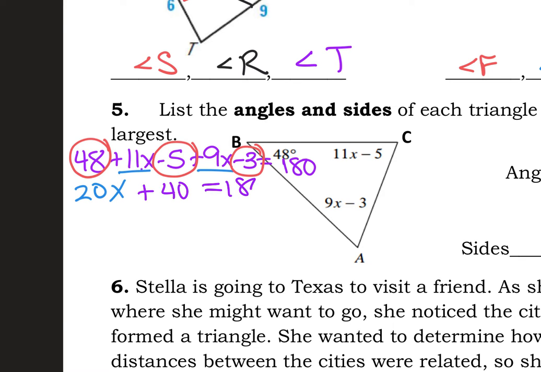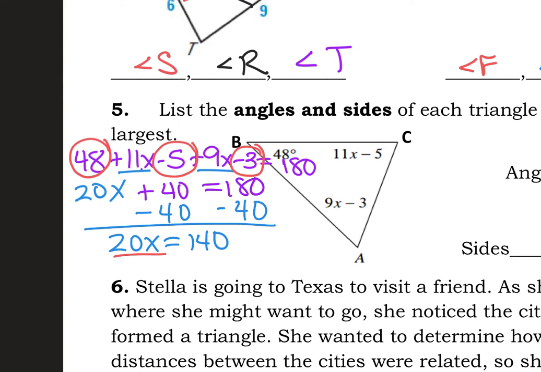Equals 180. All right, what do we want to do now? Subtract the 40 and we get 140. Divide by 20 and x is going to have a value of 7.